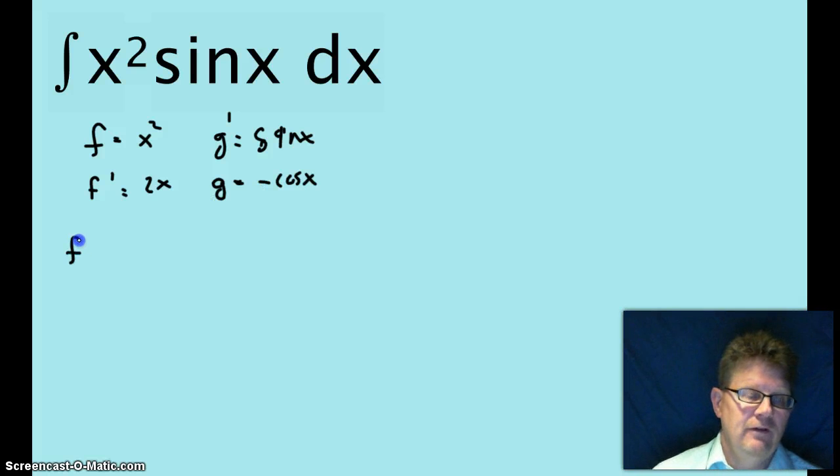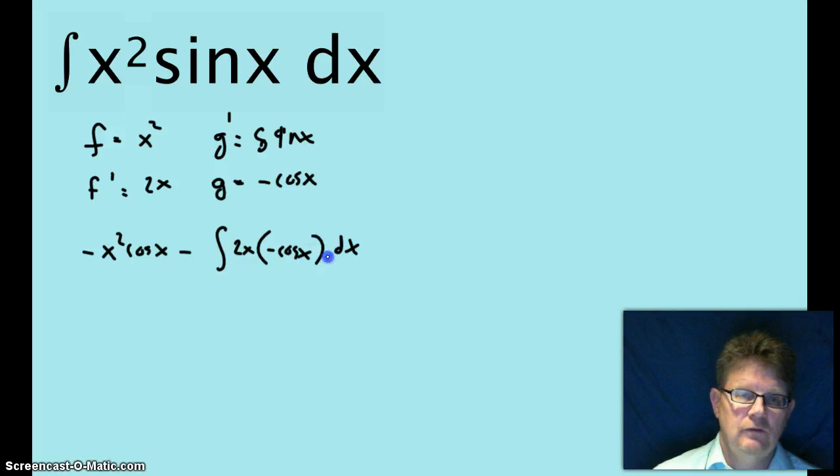So f times g, negative x squared cosine x, minus the integral of 2x times negative cosine x dx.